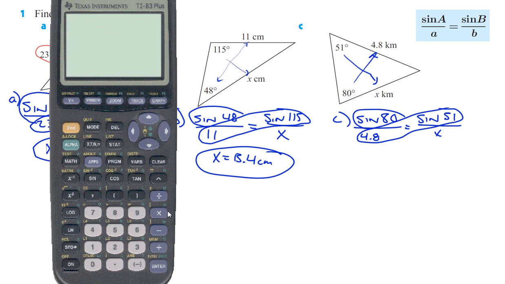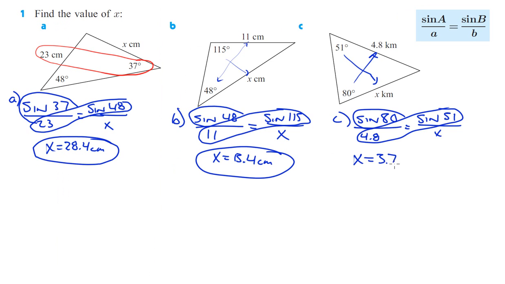So we got 4.8 sine 51 equals 3.73, and we're going to divide that by sine of 80. And that gives us 3.78. They already have it to the nearest tenth here, so I'm going to go to the hundredth, 3.79 kilometers. Or 3.8 would be fine too.